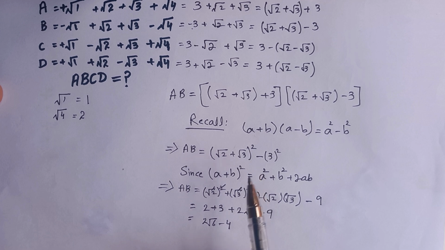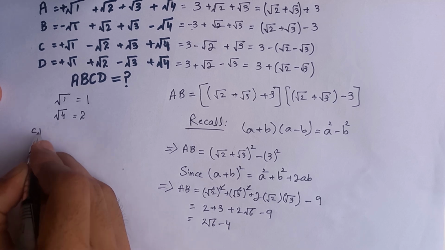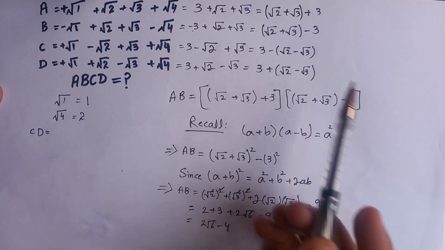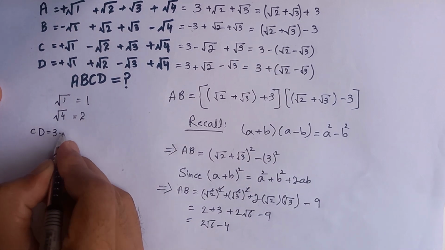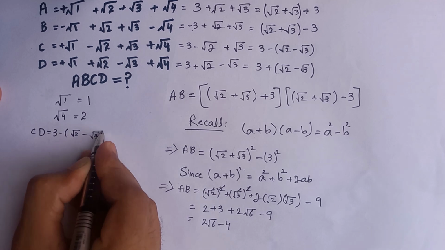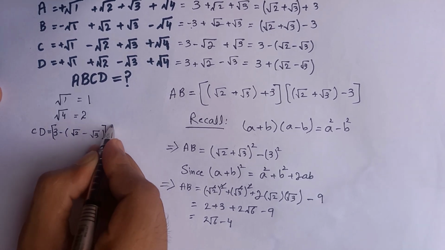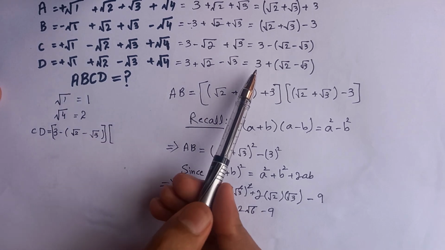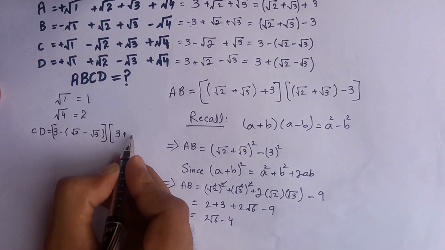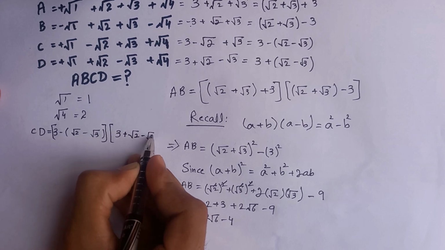Now we will find the product of c and d. So cd will be equal to: the value of c is 3 minus square root of 2 minus square root of 3, and the value of d is 3 plus square root of 2 minus square root of 3.